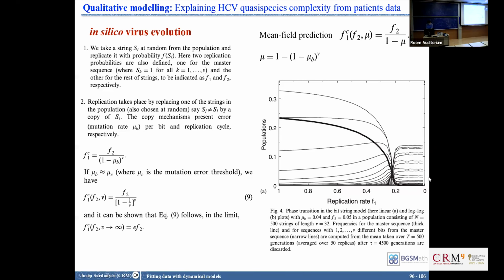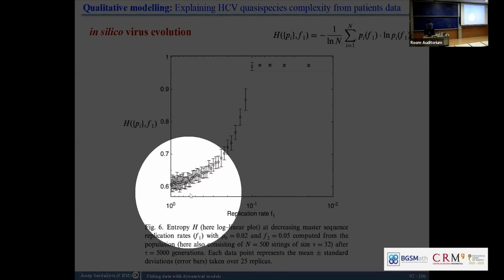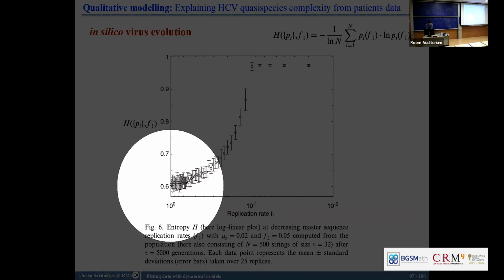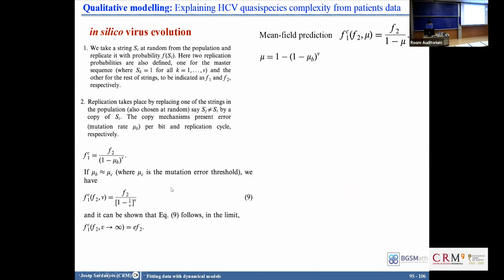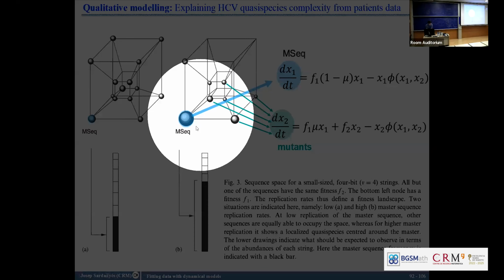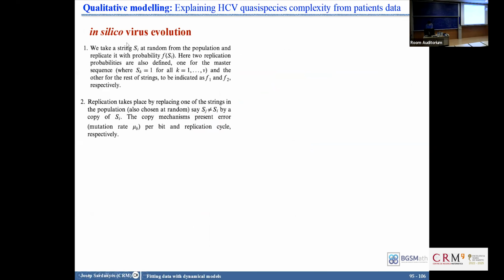But does the variance increase as F1 decreases? The answer is yes. As F1 decreases, it's more difficult for the population to remain here, and it spreads over the sequence space. And this is what we found.